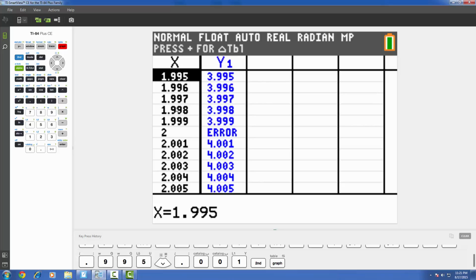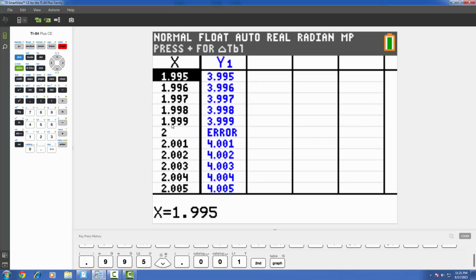Notice all of these match, at least the decimal parts, because we have that linear function. But at 2, we see that error because of the undefined. So you can fill this out in your table, where this, like 1.996 all the way until 2, would be considered your left side.